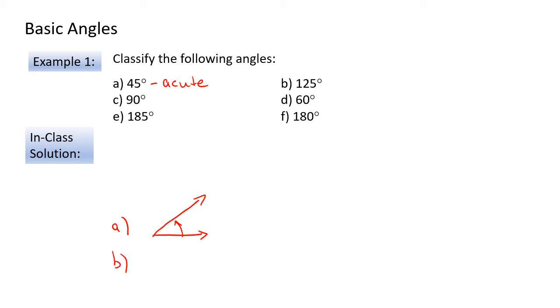So in that case, that angle looks something like this, and that would be an obtuse angle. C, 90 degrees. Remember, if it's straight 90 degrees, it would have this square noted at the angle. That is known as a right angle.